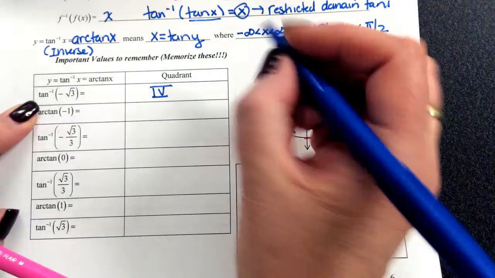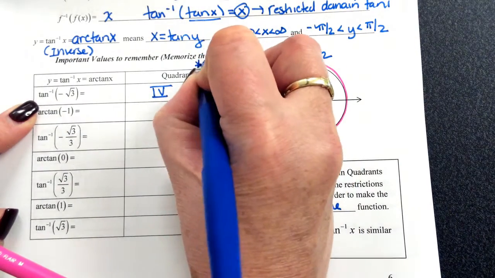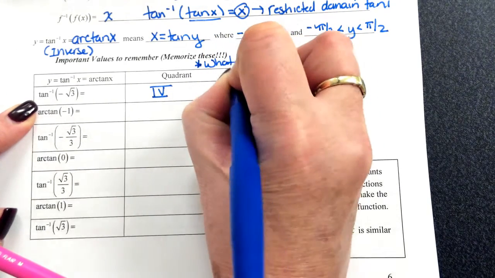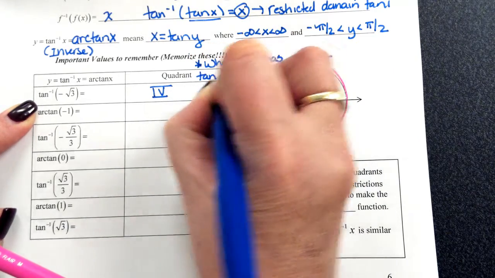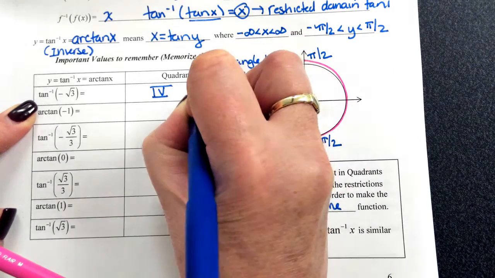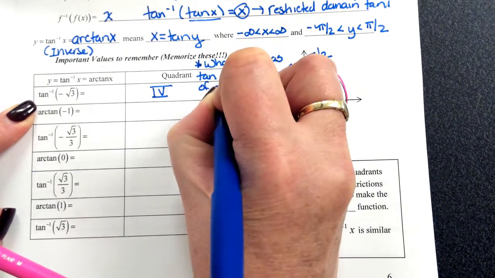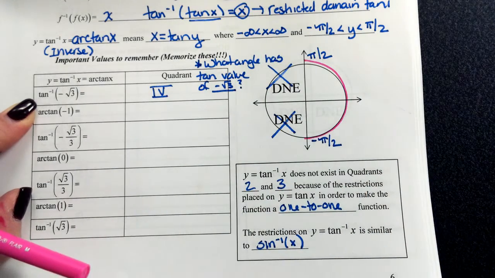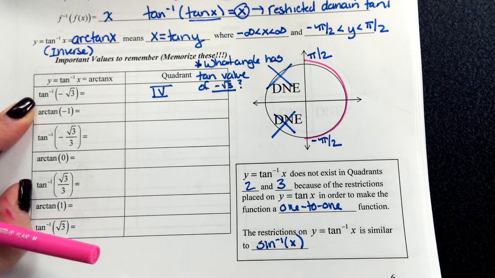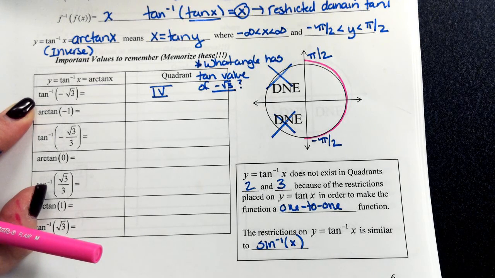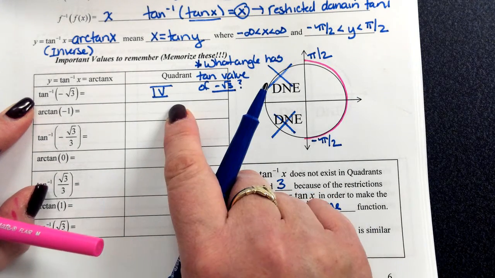So now the question you ask yourself when you're doing your inverse is, what angle has a tangent value of, in this particular case, negative square root 3? You're doing the unit circle backwards. Your output is now the angle. Again, because this is negative, you're in quadrant 4.